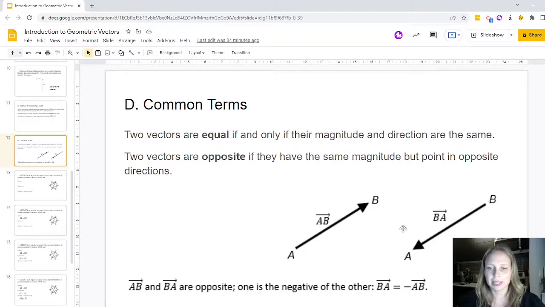AB and BA have the same magnitude, but they are pointing in opposite directions. So vector AB and vector BA are opposite, and one is the negative of the other. So you can write that BA is equal to the negative of AB, written as such.